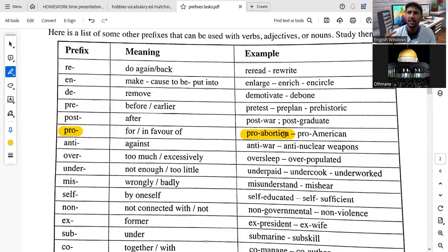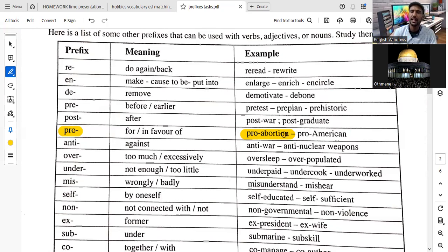Abortion is when a woman gets pregnant, which means that she has a baby inside her, and during the first month and so on, it is still just like a piece of meat. But she doesn't like to have a baby.